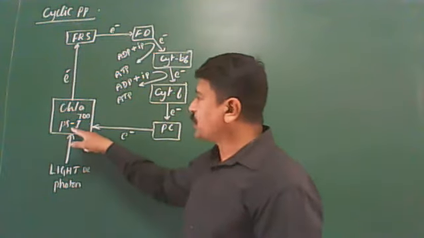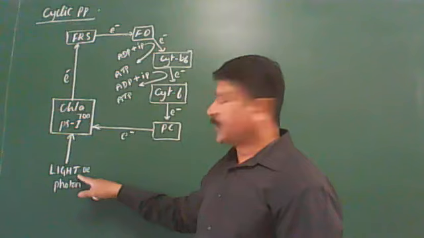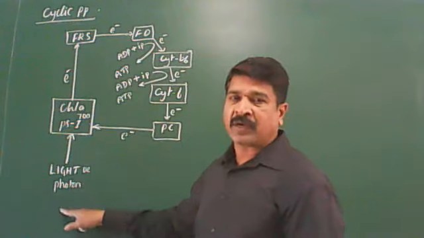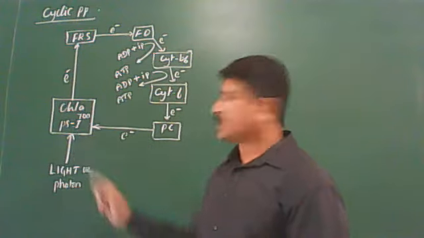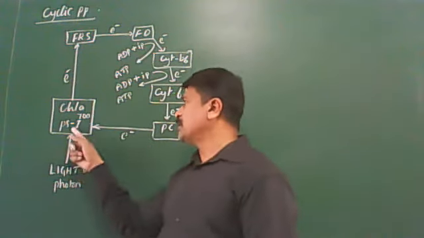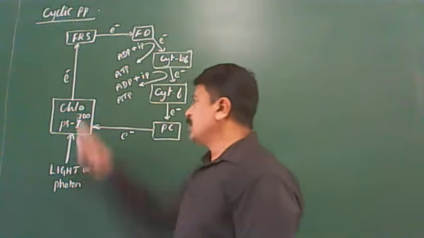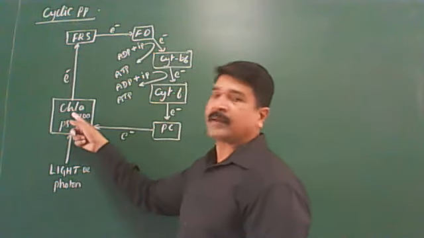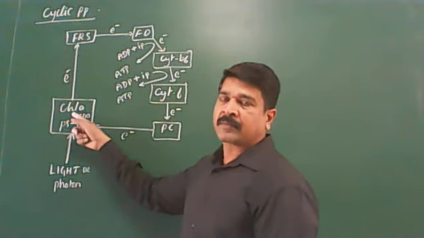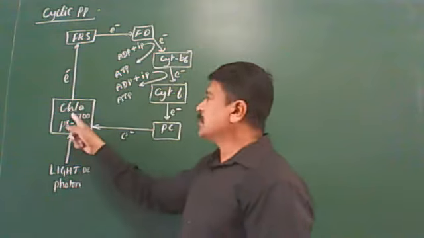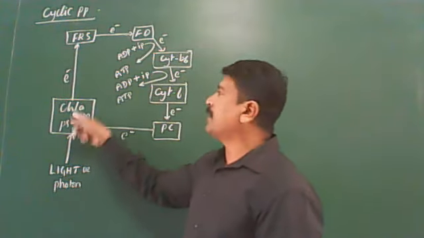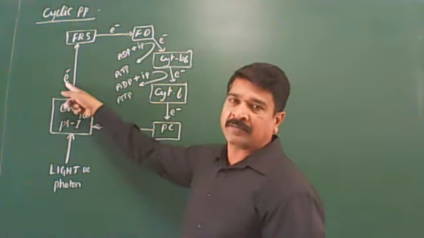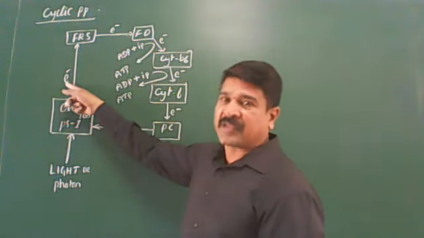The accessory photosynthetic pigments of PS1 absorb light or photon, transfer to the reaction center containing chlorophyll P700. As a result of this, chlorophyll P700 molecule becomes excited and ejects energy-rich electron.